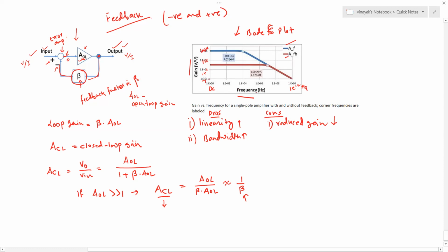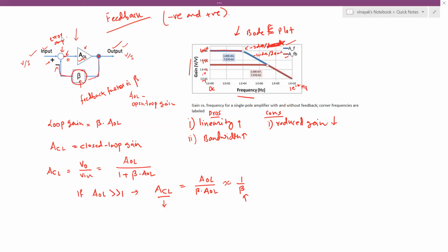Okay, so we see that. Now look at the blue line. I have this first pole, that is this -3 dB point, where the signal starts dropping at the rate of -20 dB per decade. And in fact, this is the 3 dB point, not the per decade. Let me just correct that.